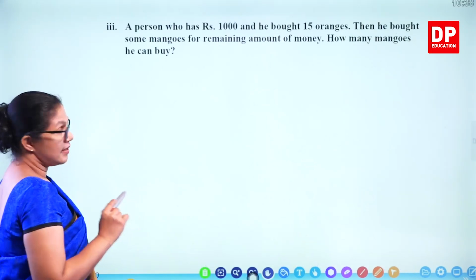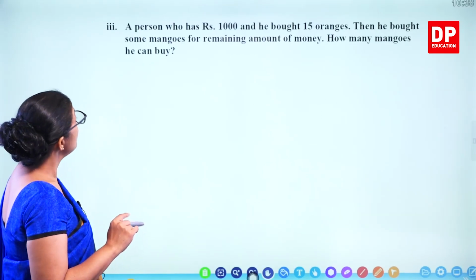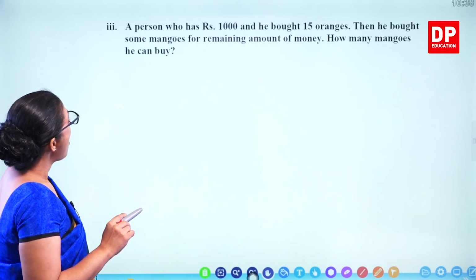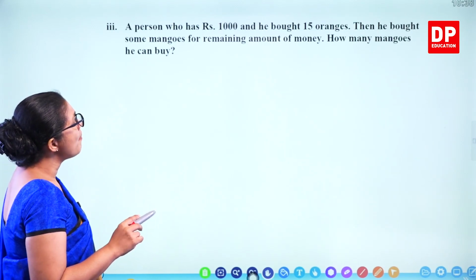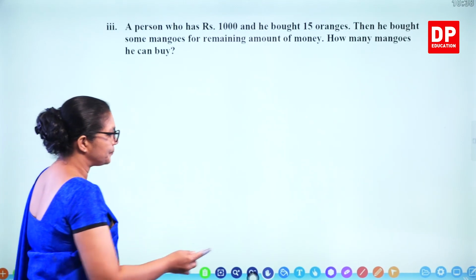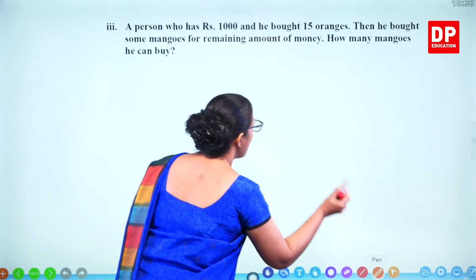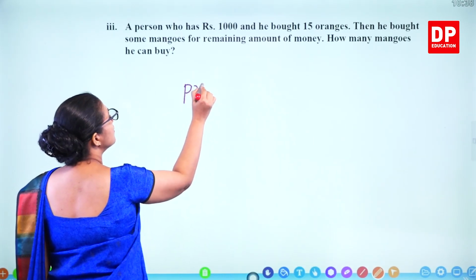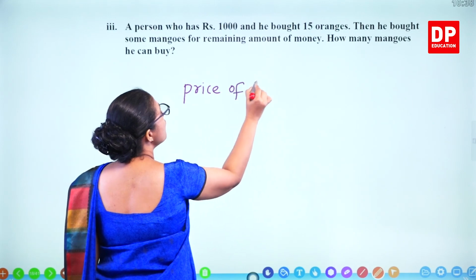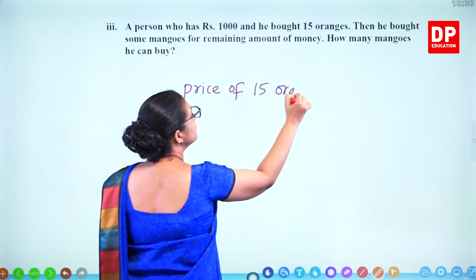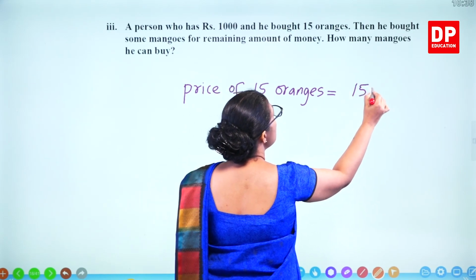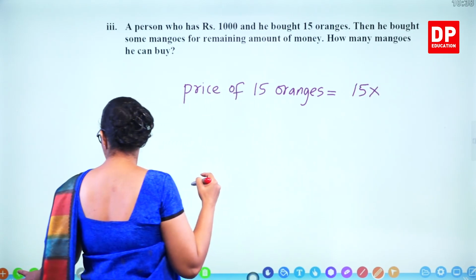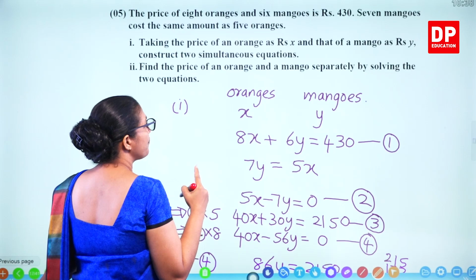And there's another part. So we'll do that and give marks. A person who has 1000 rupees bought 15 oranges. So what's the price of 15 oranges? 15 into the price of an orange, which is 35 rupees.